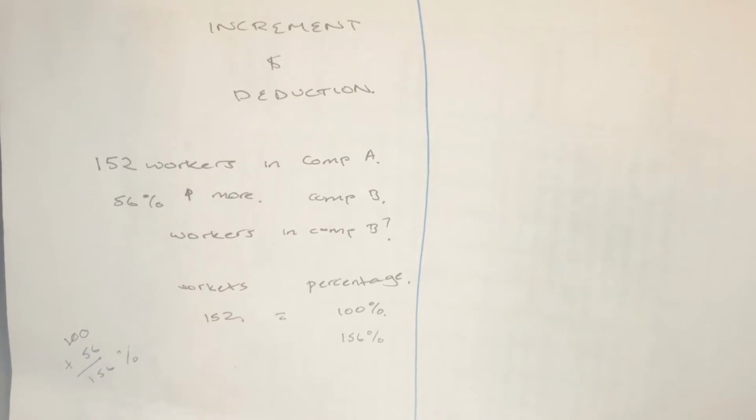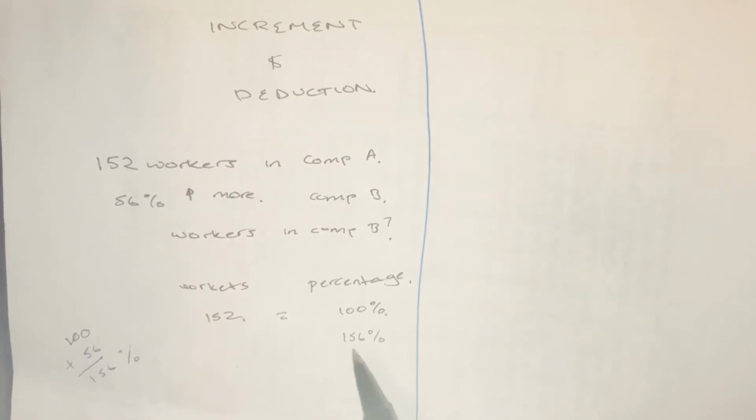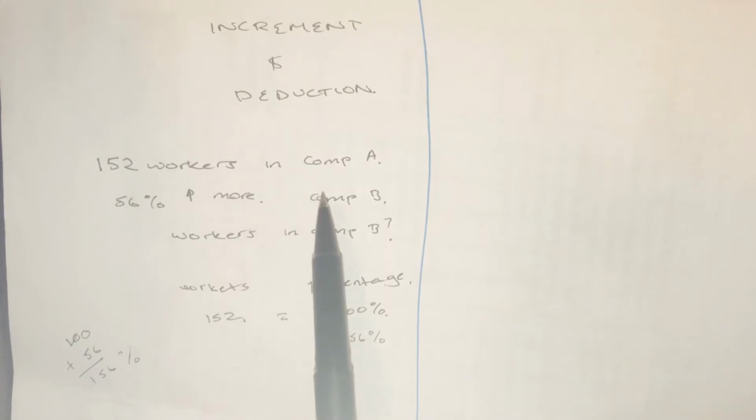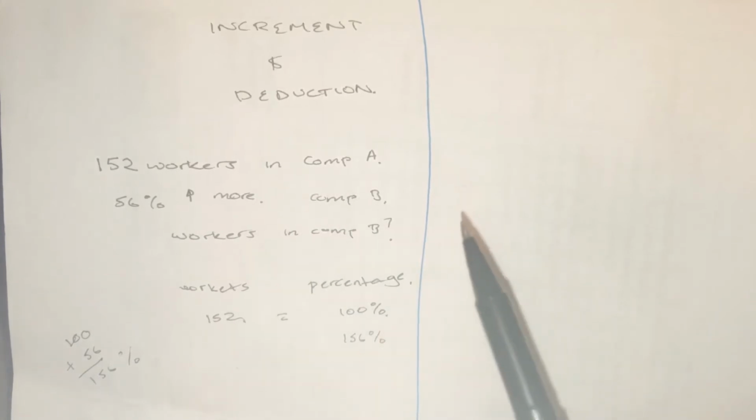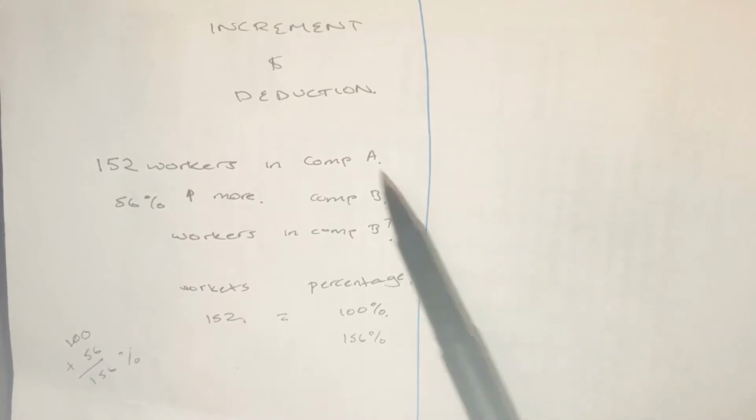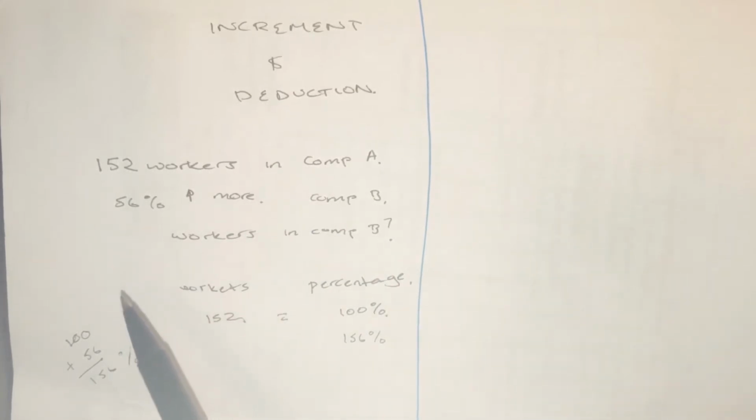So 152 workers are there in company A. That's 100%. 100% means the whole, full. So the whole company has 152 workers. All the workers add up to 152.